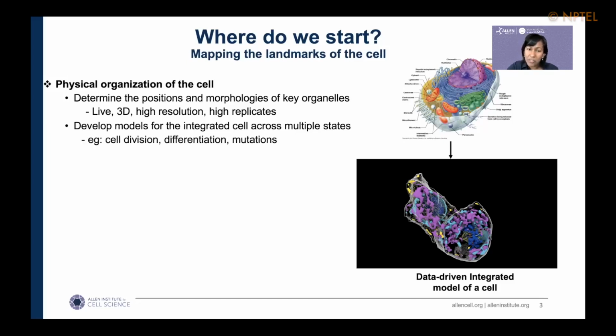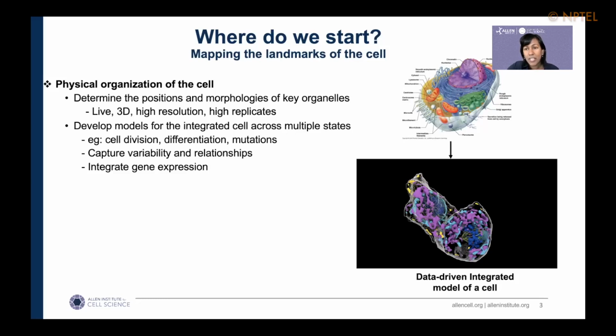And of course, you can do this through the various cell behaviors or functions that a cell, especially a stem cell, can take. And it's very important for us to really understand what is normal variability, because if we want to understand what happens in disease, we need to get a really good picture in cell biology of what the natural variability is, and what the relationships are between the different organelles as the cells vary.